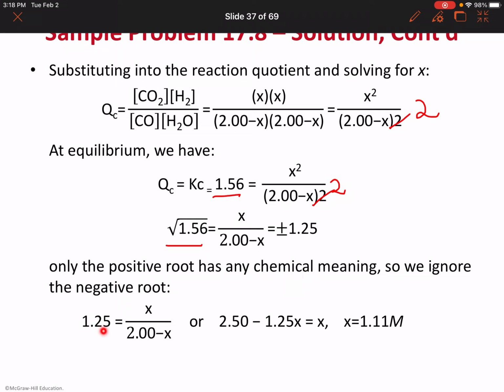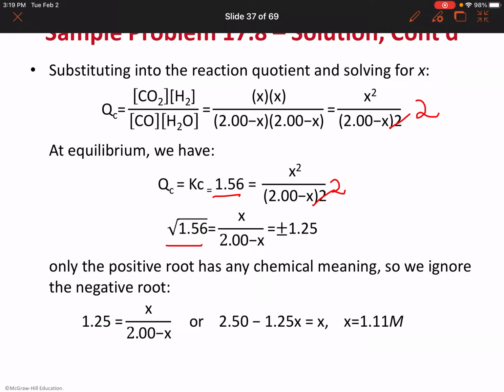So 1.25 equals x over 2 minus x. Now you multiply 1.25 by 2 minus x: 1.25 times 2 is 2.50, and 1.25 times x gives negative 1.25x, so 2.50 minus 1.25x equals x. When you solve this, you find x to be 1.11.